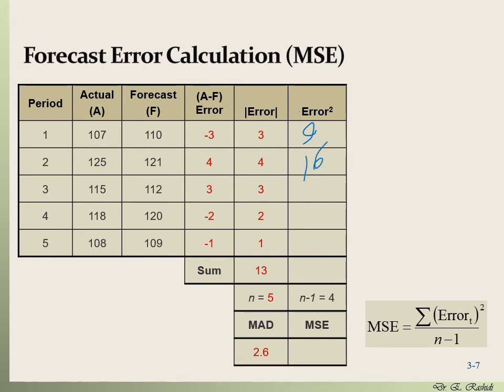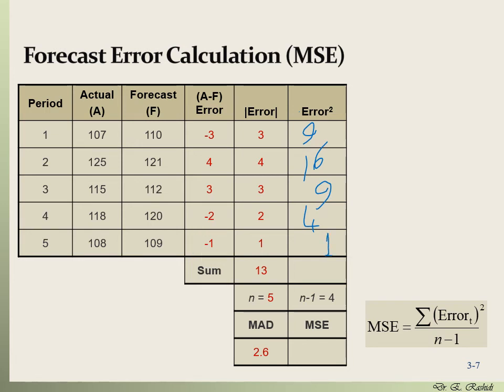For the third period, the error is 3, so again it would be 9. For the fourth period, the error is -2, so the square would be 4. For the fifth period, the error is -1, so the square would be 1.